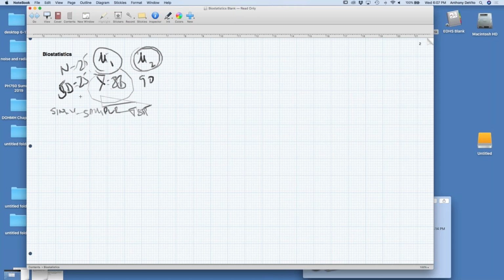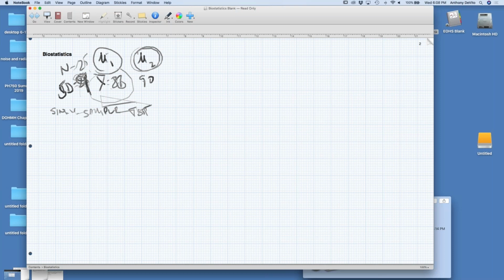I want this to work at least reasonably well. Say my sample size is 9 and my standard deviation is 9. Okay, I'm going to stick with that.